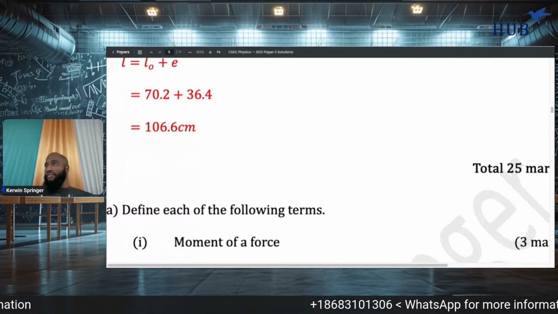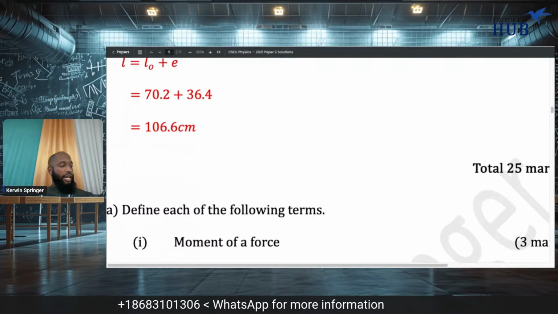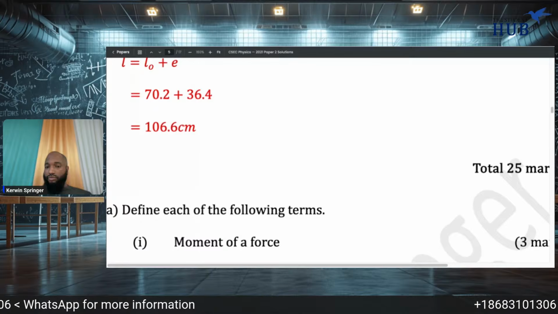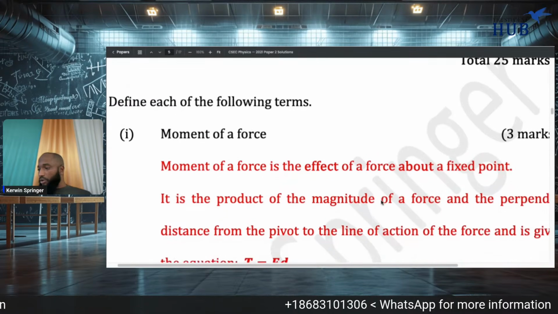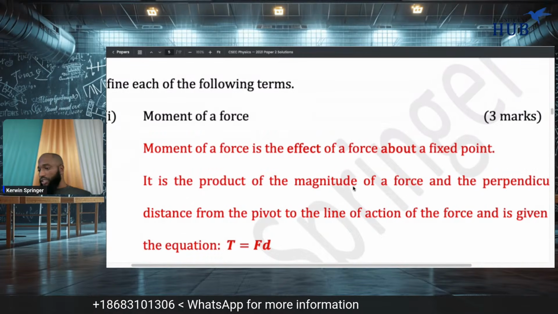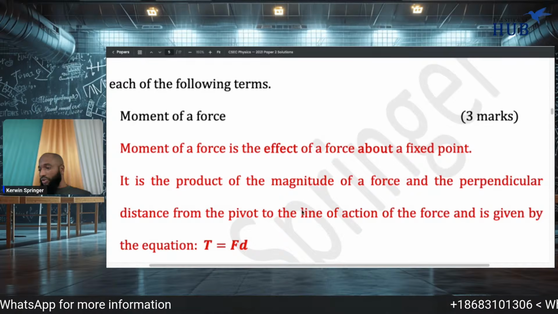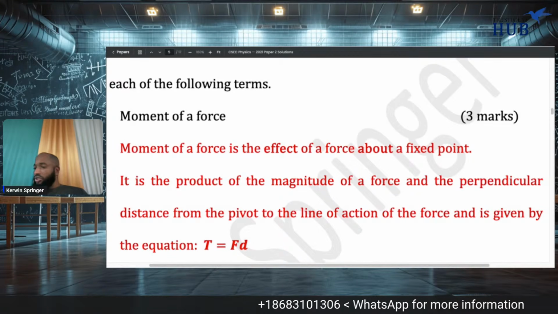So I should hear line of action, I should hear pivot or fulcrum, and I should hear perpendicular distance. So moment of a force is the effect of a force about a fixed point. It is the product of the magnitude of a force and the perpendicular distance from the pivot to the line of action of the force, and it's given by the equation.